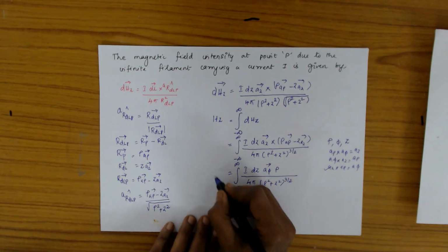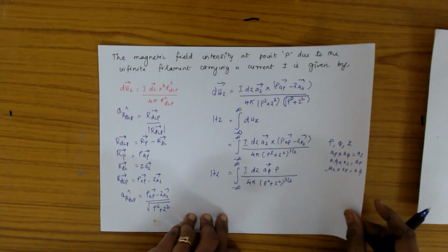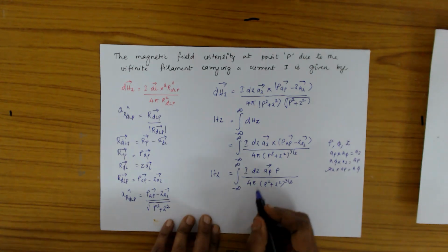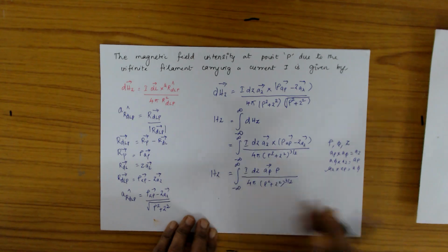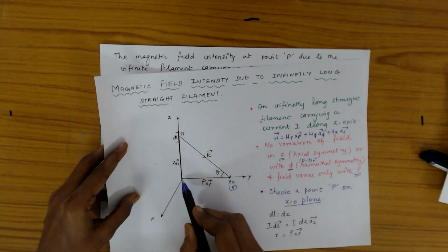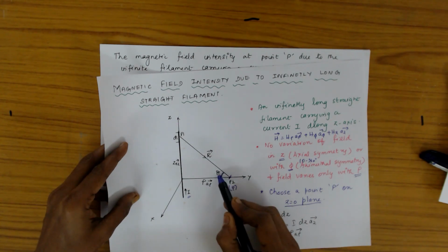Now we need to integrate the above integral to get the value of Hz. So for doing this integration, we need to change the limits of integration. From the figure, consider this. This is our Z value and this is our rho value, and here we are marking the angle theta.